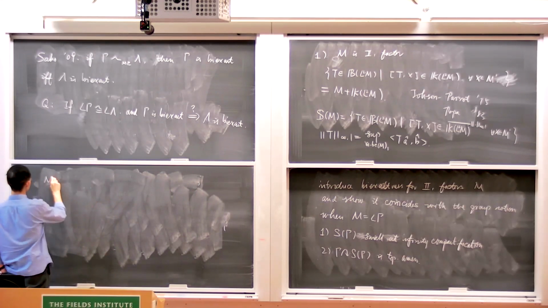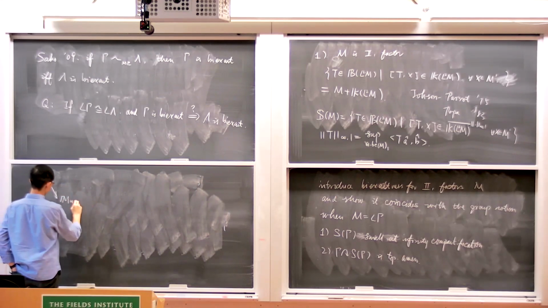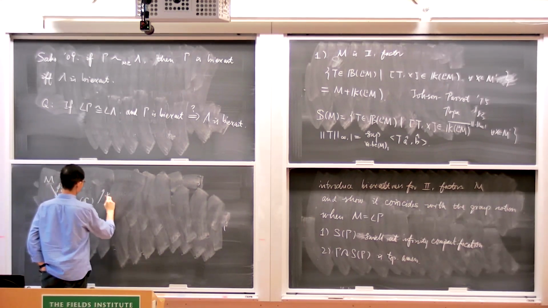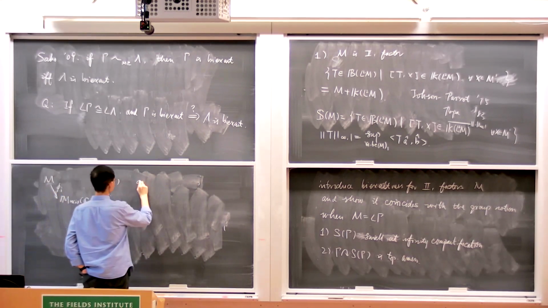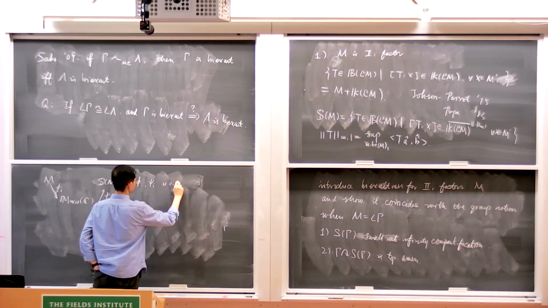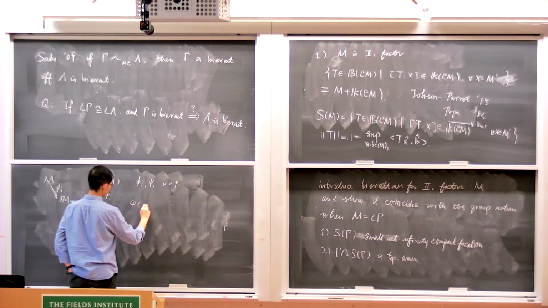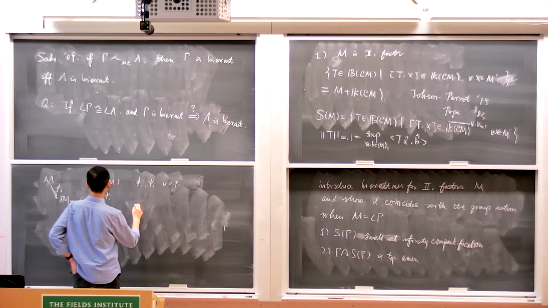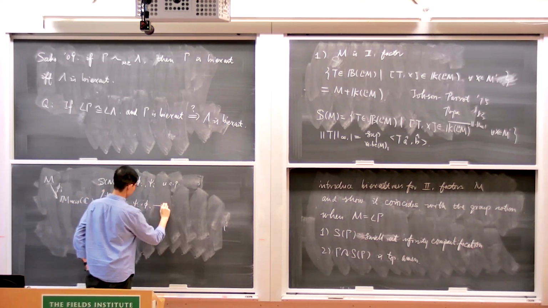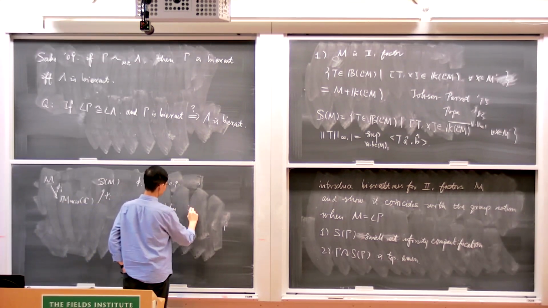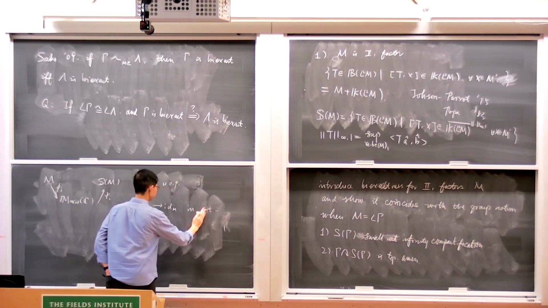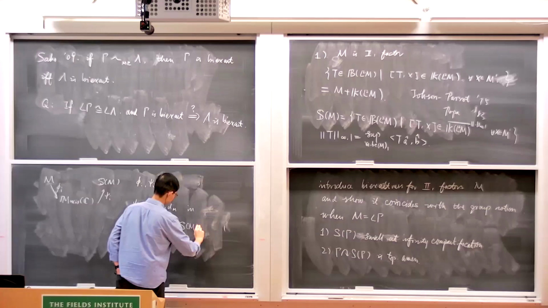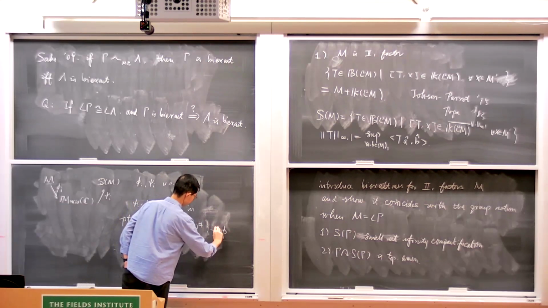The appropriate sense is that phi and psi are UCP maps such that the composition of phi and psi goes to the inclusion map, or identity map, on M in the point sigma S of M and S of M sharp topology.